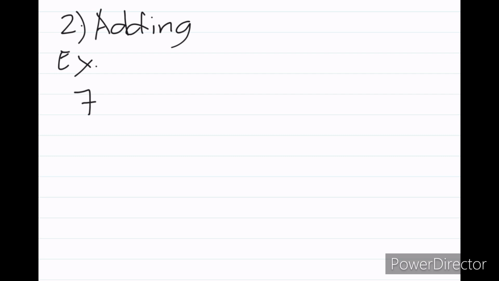We start from 7, then add 7 again. So 7 plus 7 is 14. Next, 14 plus 7. 7 plus 4 is 11.